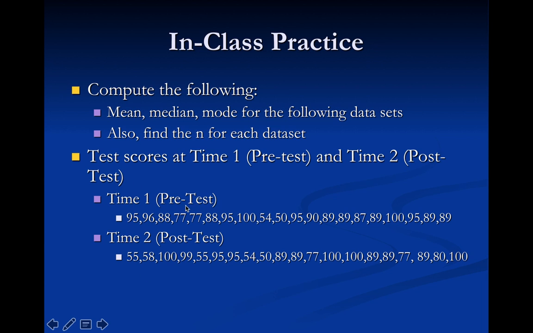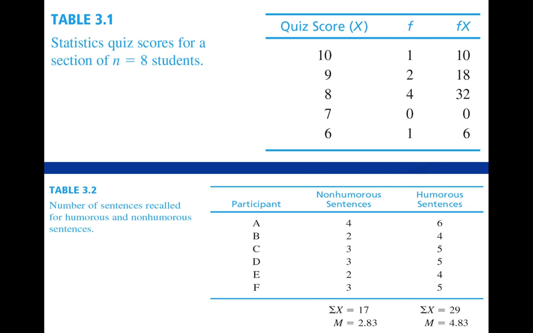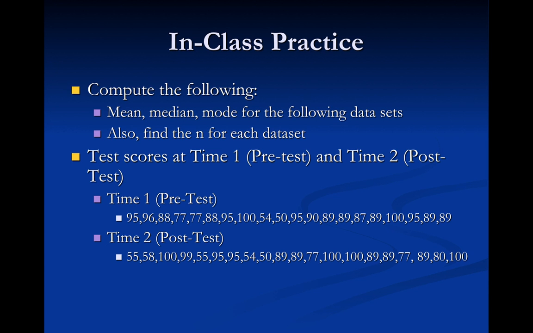So you need to calculate the mean, median, mode, and sample size for time 1, and the mean, median, mode, and sample size for time 2. Okay, so you can do that for table 3.1 and table 3.2, and also do it for your in-class practices if you would like to do that.